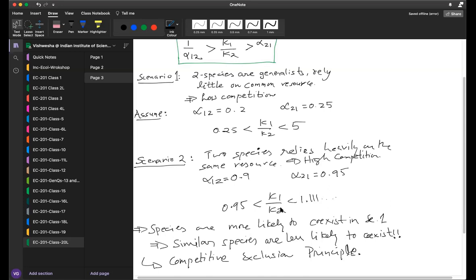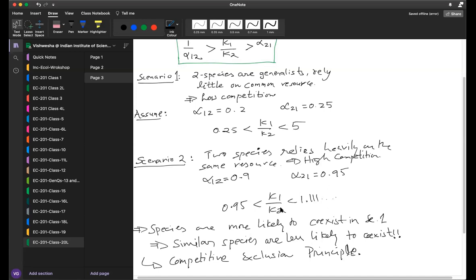But then, like, if I look at like the scenario 1, you've taken 0.2 and 0.25, and for scenario 2, you've taken 0.9 and 0.95. So there's like a difference of 0.05 in both the alpha values in case 1 and case 2. But here we are supposed to be looking at K1 by K2 also, right? To conclude the similarity. So the first thing you should check is how alpha is close to 1, right? Because that tells you how intraspecific competition and interspecific competition are compared, right?